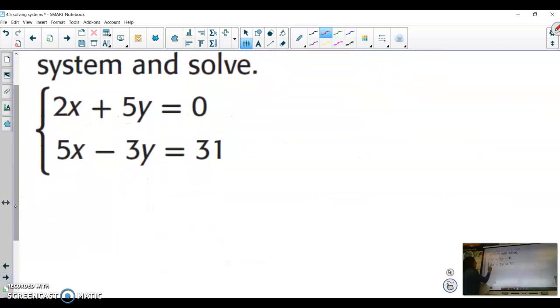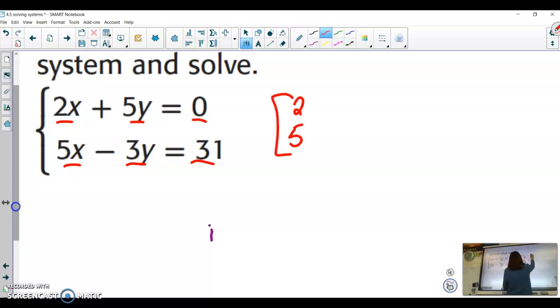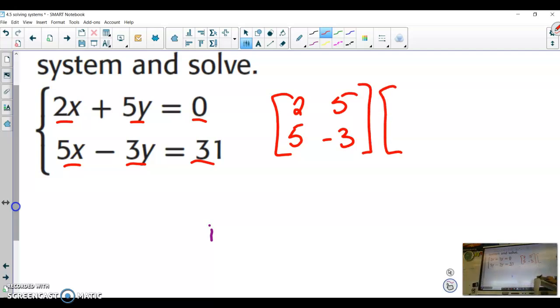Right? So let me show you with an example, going all the way through here. So first of all, I check it does go x, y, number, so we're all set. First thing I'm going to do is make my coefficient matrix. So my coefficient matrix would be 2, 5, 5, and -3. And then times the variable matrix, which would be x, y.